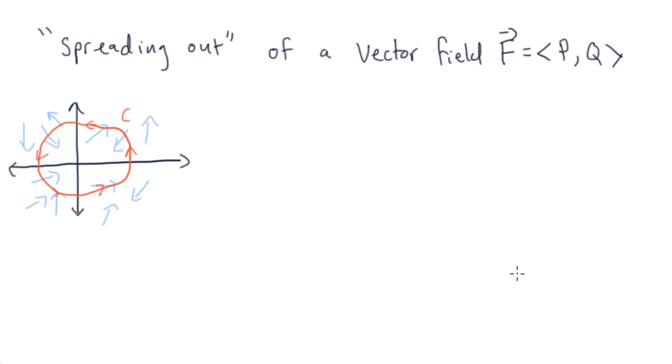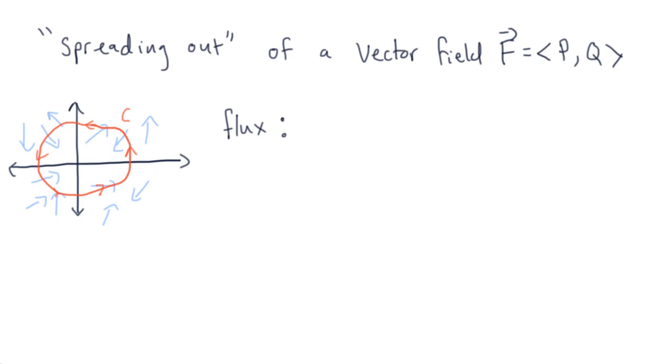Great. Okay, so recall that we had this notion of a flux. So a flux integral. Now what we meant by that, well, later we're going to have another idea of flux, but here specifically we mean the flux out of the curve.